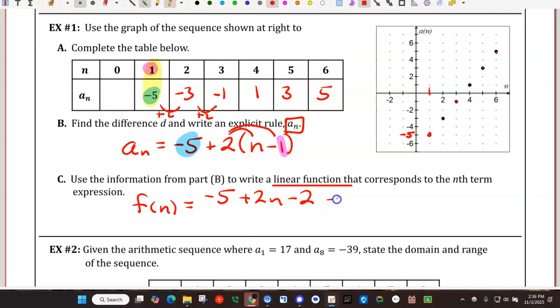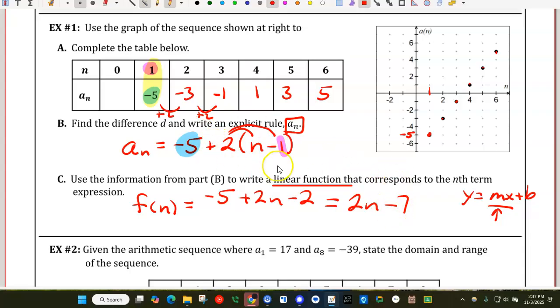And then, much like slope-intercept form, it's y equals mx plus b, right? We're using n instead of x, but the point is, put this part first. So when you're looking at this, rewrite this as 2n and then -7. And that's your function notation. f of n equals 2n minus 7.